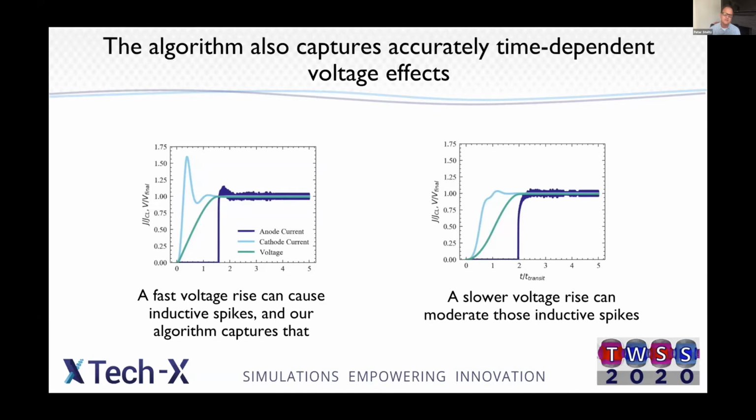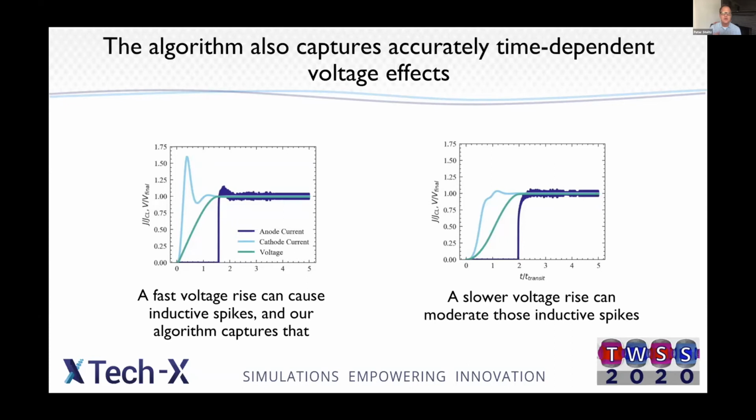In a lot of cases, you'll want to start your simulation and the voltage will ramp, change with time, maybe reach some steady state value. So there's a time-dependent voltage effect, and you know what's that going to do to our system? So that was kind of our next test.